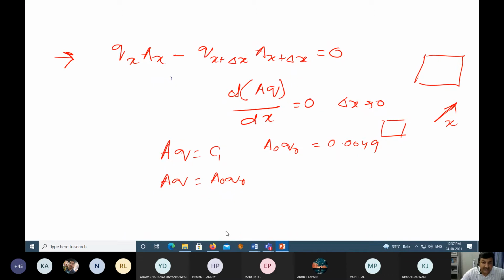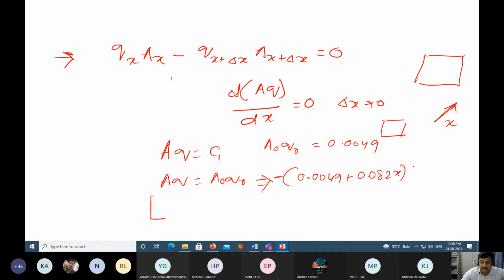Now what is your A? What is your relationship with A? Just now you have found out the relationship of A. This implies what? 0.0049 plus 0.081x, into Q. Now Q is what?